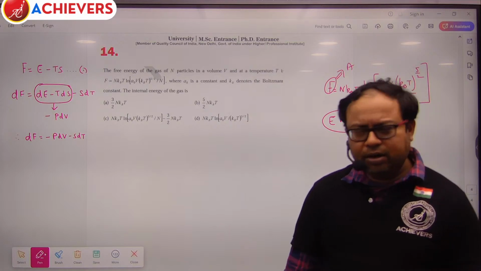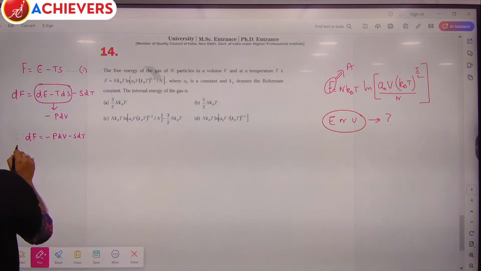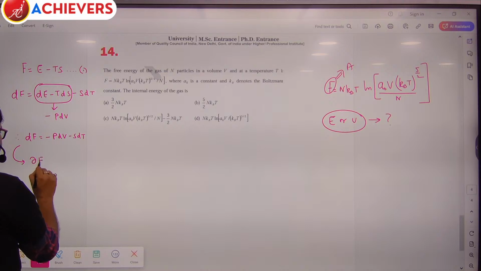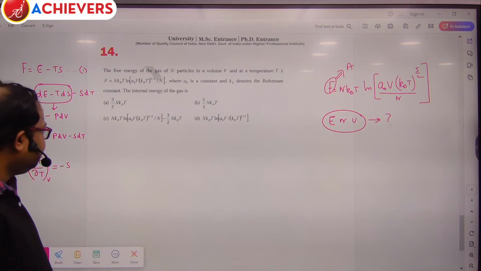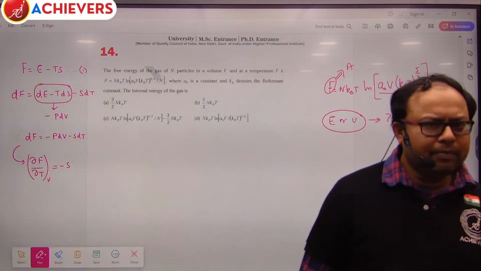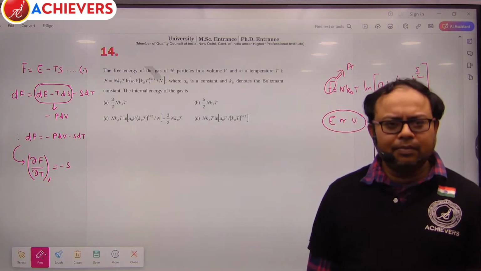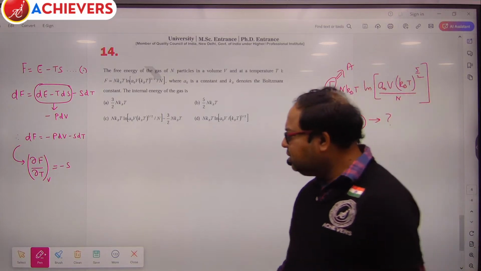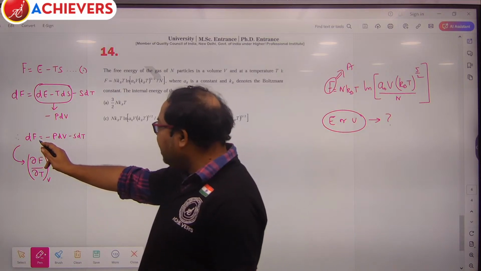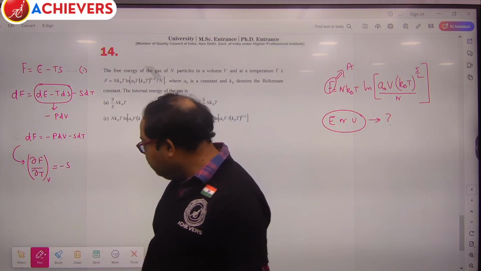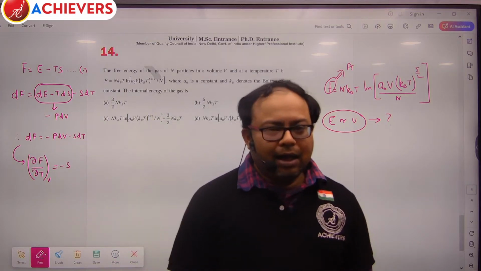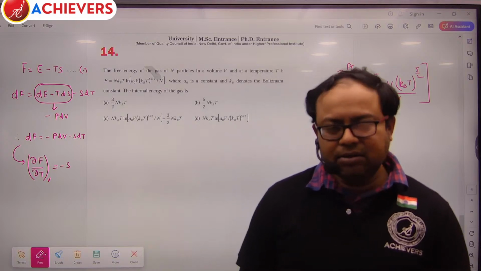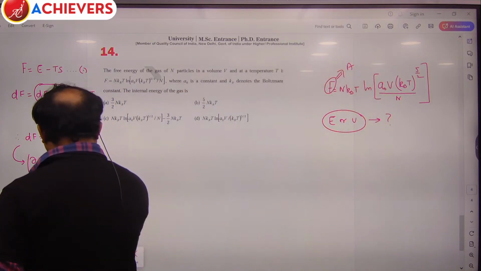So from here we can say that del F del T at constant V is minus S. Obviously, it is quite evident. If we divide dF by dT at constant volume, then obviously this PdV term will be abolished and the result will be minus S. So this is my equation number 2.